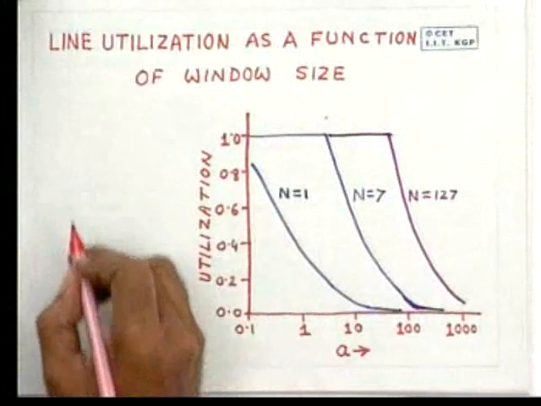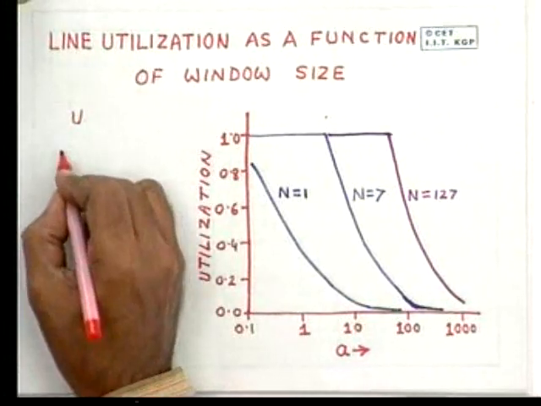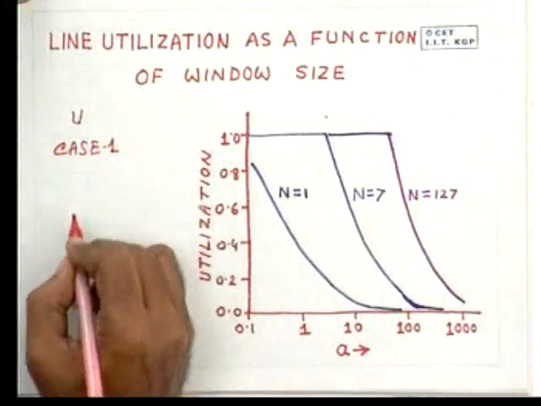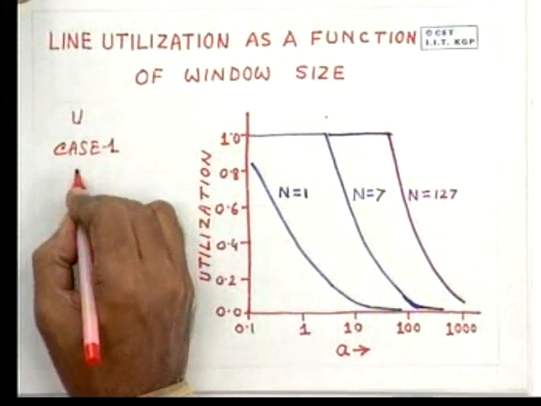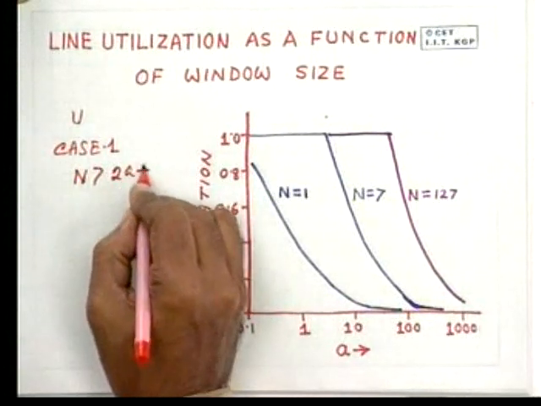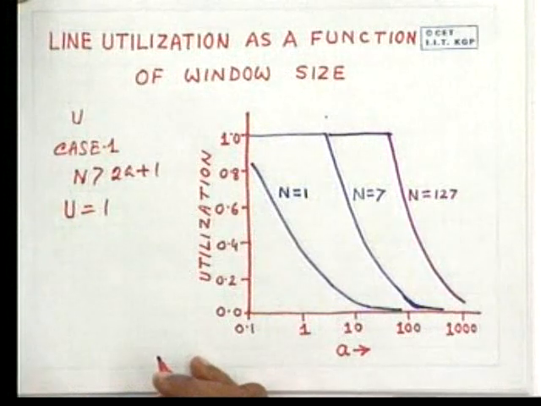Let us see how the utilization changes. The utilization U for case 1, where n is greater than 2a plus 1, is equal to 1. As I said, you will get a continuous flow.